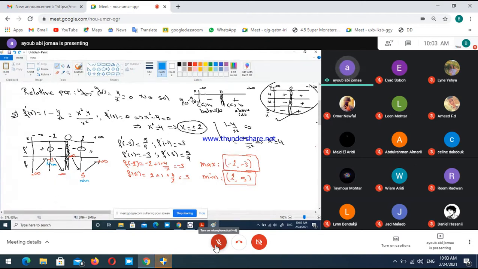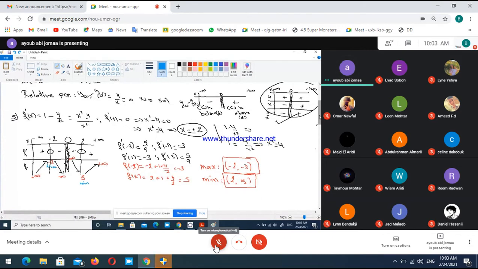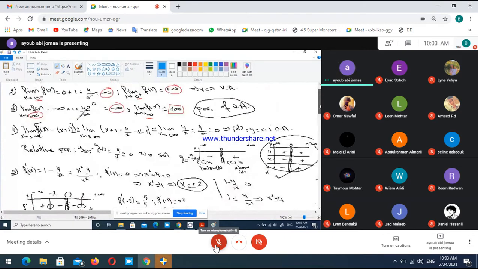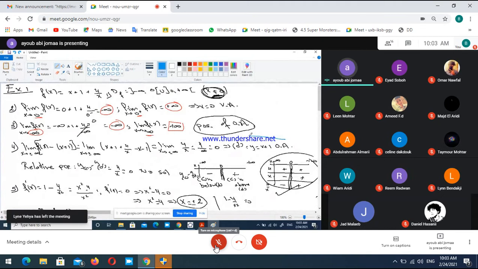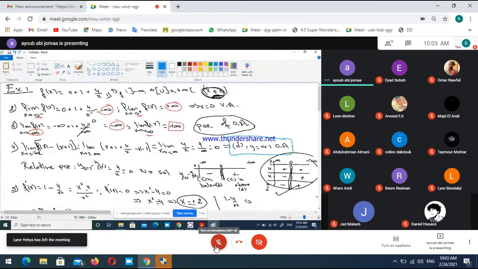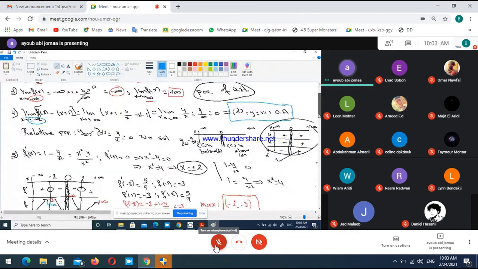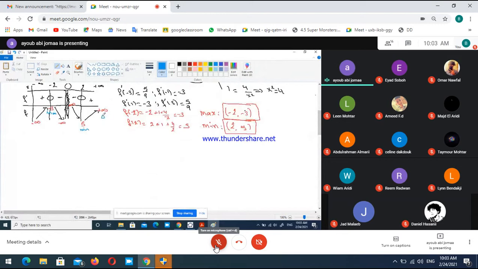One more thing, we have an oblique asymptote. Y equal x plus 1 is an oblique asymptote. Oblique asymptote at what? At positive and negative infinity. So just write here oblique asymptote at positive infinity of x and at negative infinity of x.